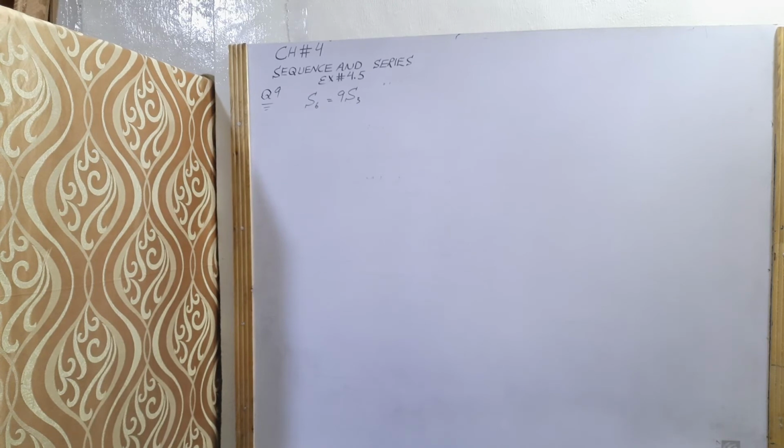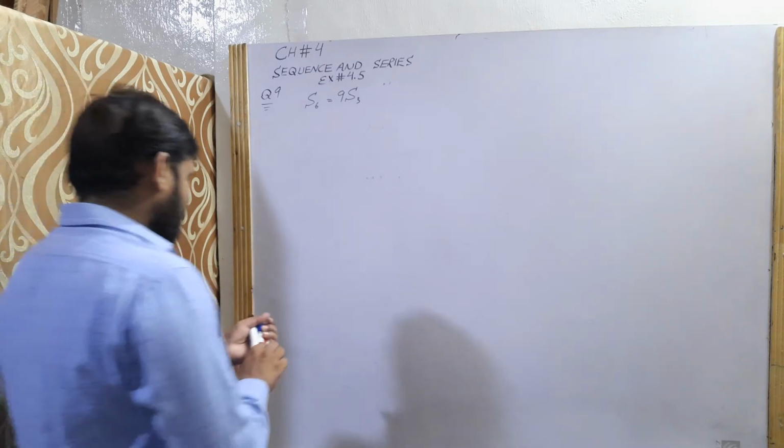Dear student, the next question statement is that the sum of the first 6 terms, it means S6, of a geometric series is 9 times the sum of its first 3 terms, it means S3. Find the common ratio in this case. So very simple.